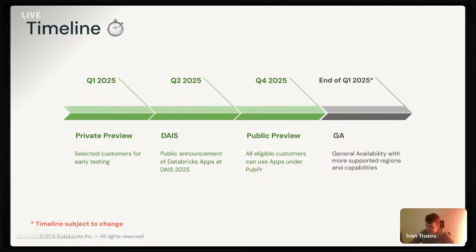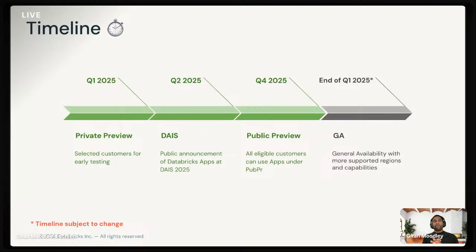Taking it a little bit further in terms of today, as I mentioned at the start of the call, Databricks Apps are under public preview, so we do have official SLAs from that perspective. But in terms of getting to a general availability release, the team is working very tirelessly to get that across the board for Q1 2025.